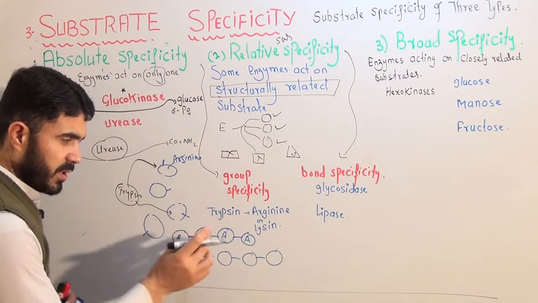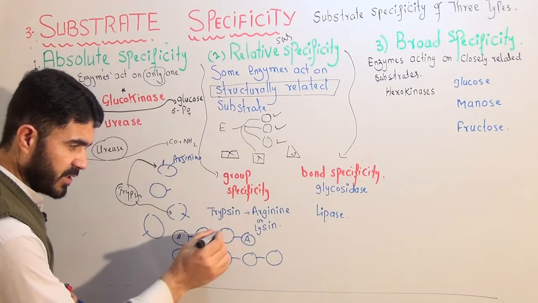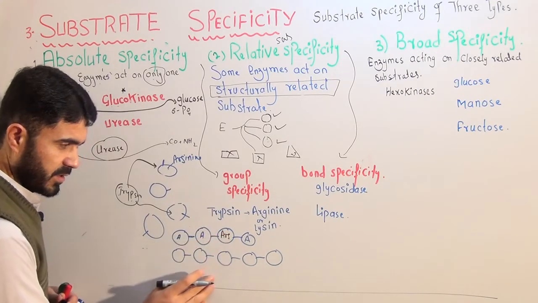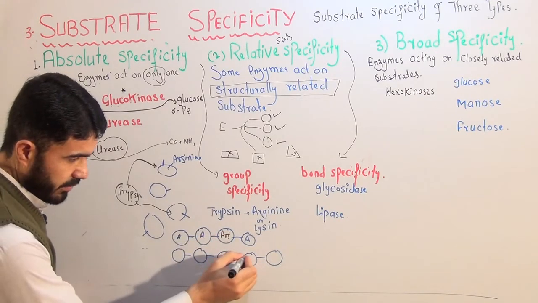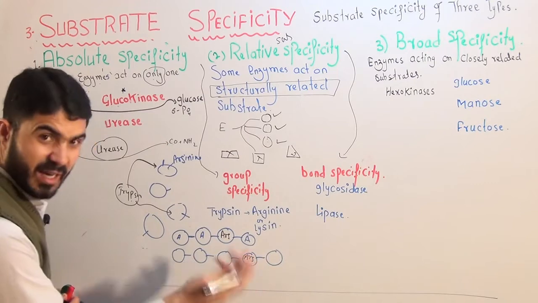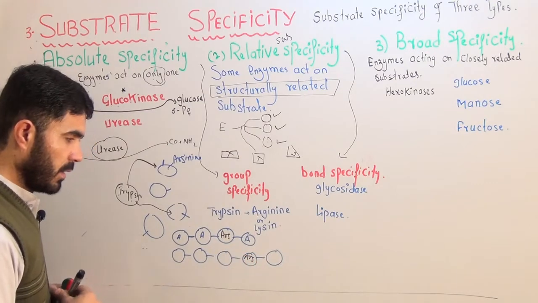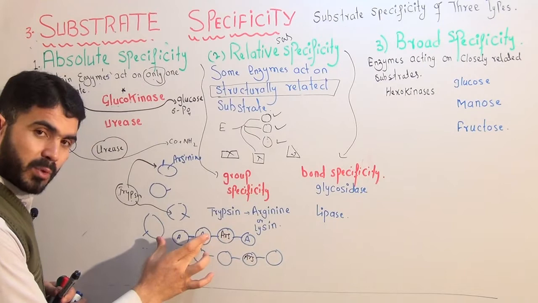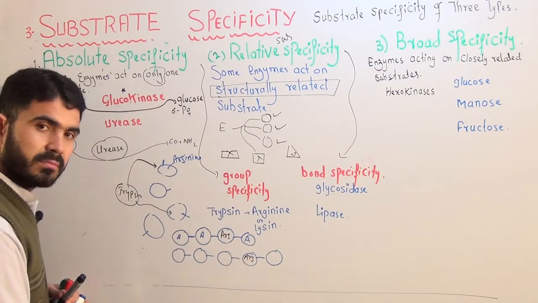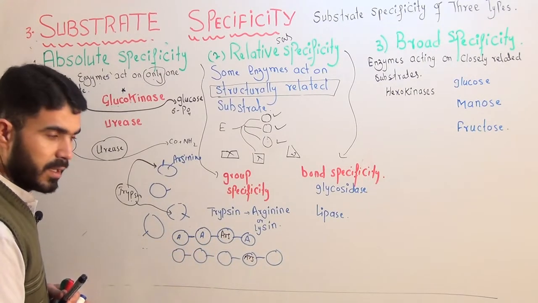Now let's suppose in this protein we have ARG, and here also we have ARG, meaning arginine. This is one protein, this is another protein. Different proteins.